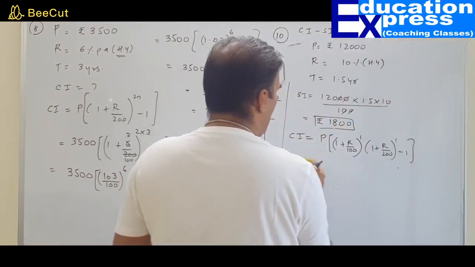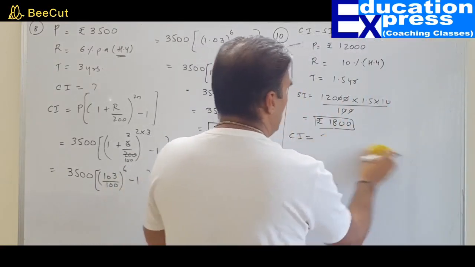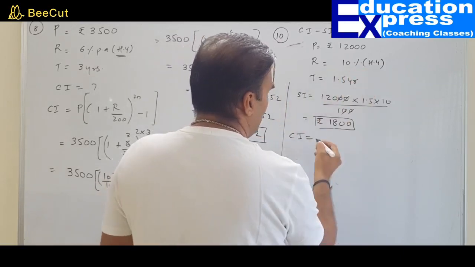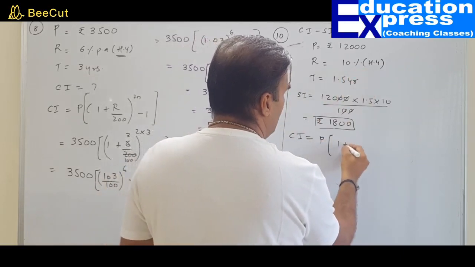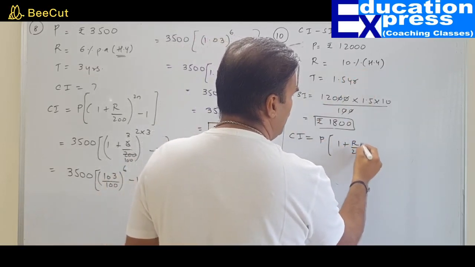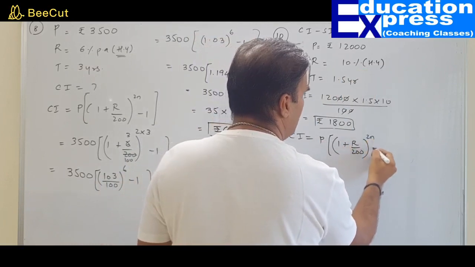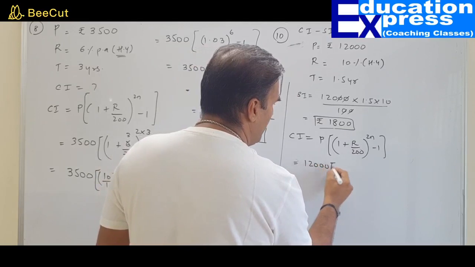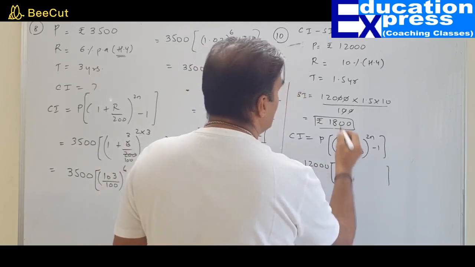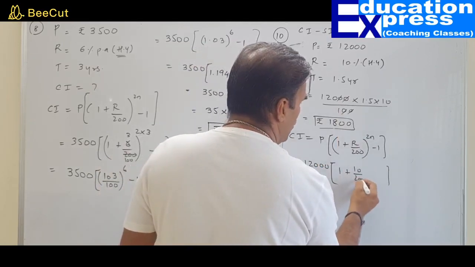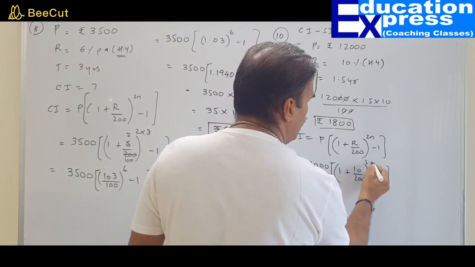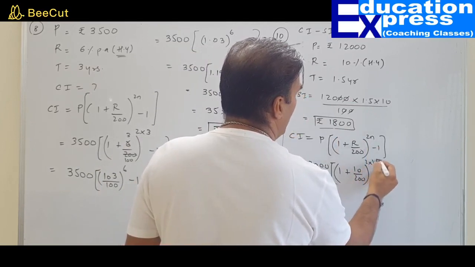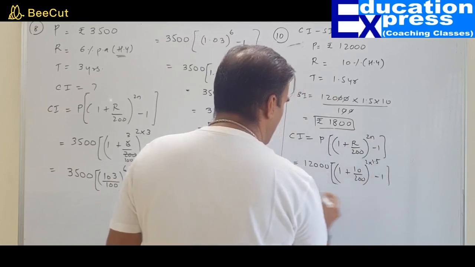Sir, now we'll have to use the formula of half yearly. That is to say, 1 plus r upon 200 raised to 2n, minus 1. Absolutely. So it would be 12,000 into 1 plus 10 upon 200 raised to 2 multiplied by 1.5, minus 1.